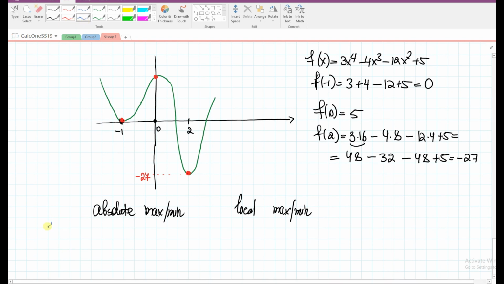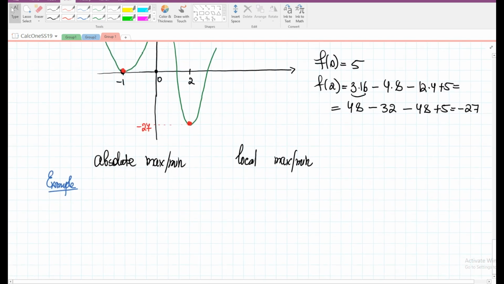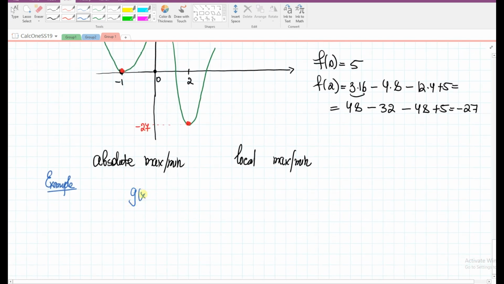An example. We're given a function g of x equal to x plus 2 sine of x in the interval between 0 and 2 pi. We need to find the local maximum and local minimum values.